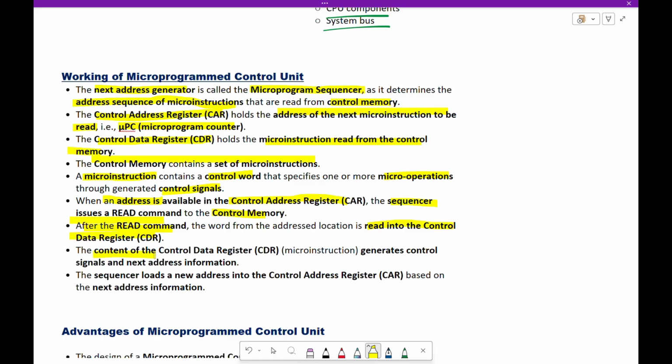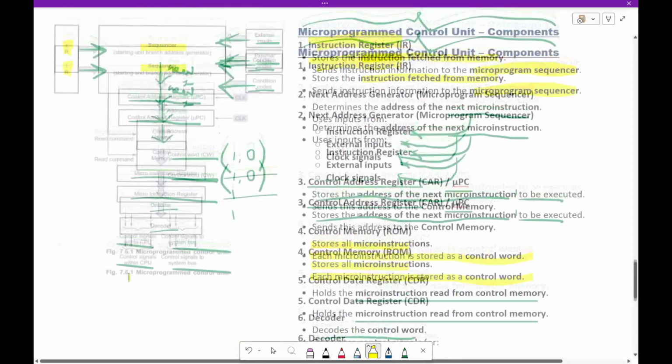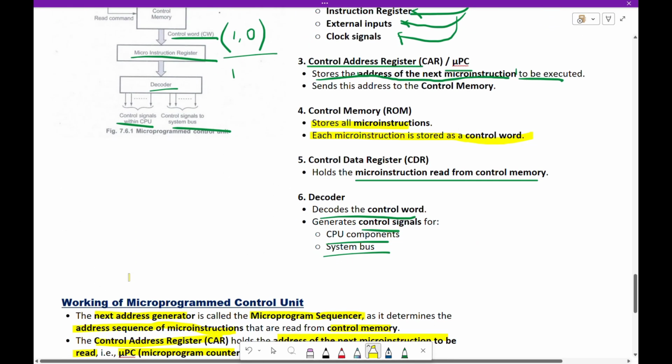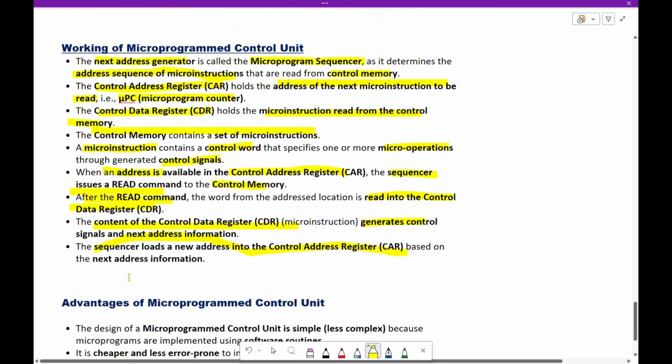The content of CDR generates control signals and next address information. The sequencer loads a new address into the control address register based on the next address information. So this is the working of the microprogrammed control unit, which is implemented by the programming approach.